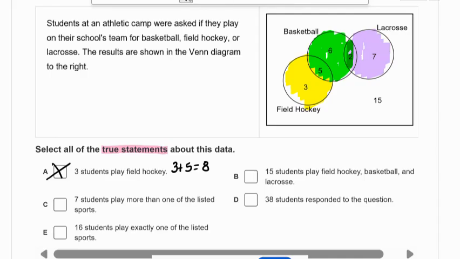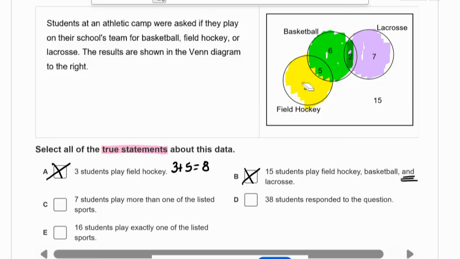And means where they overlap. These circles do not overlap at all. So there are no students at all that play field hockey, basketball, and lacrosse. This would be false because those circles do not intersect or overlap.